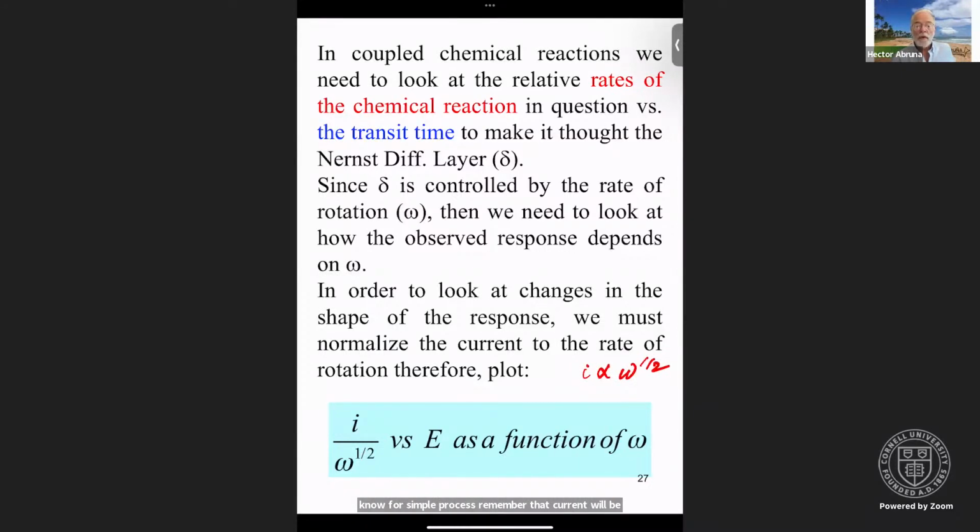And so in order to look at changes in the shape of the response, we must normalize the current to the rate of rotation as we did before. Therefore, what we will really plot is the current normalized to the square root of the rate of rotation versus potential as a function of omega. In this case, we'll be looking at changes in the wave shape, having factored out any dependency of the current on the rate of rotation.